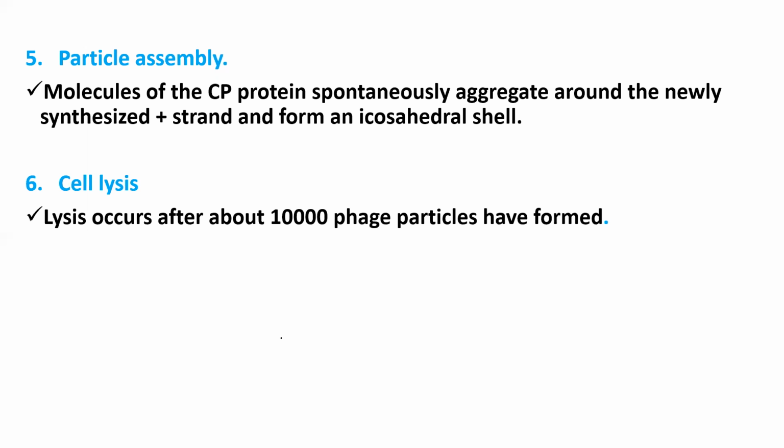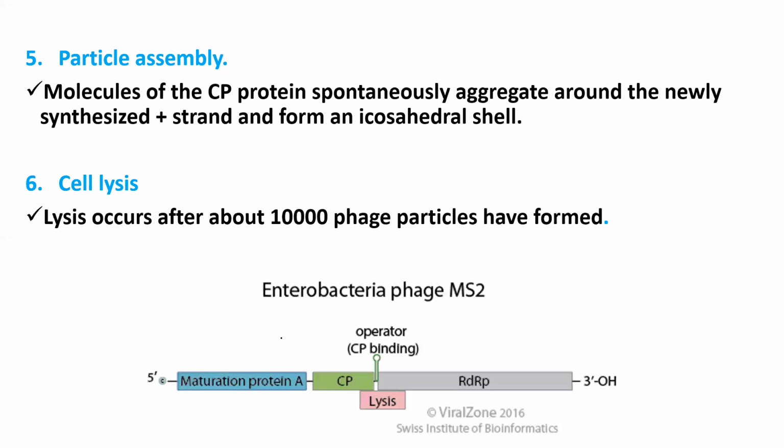Then lysis occurs after about 10,000 phage particles have formed because the burst size is large. Now this lysis gene, which I had shown earlier is an overlapping gene, overlapping with some part of the CP gene and the RDRP or the rep gene.